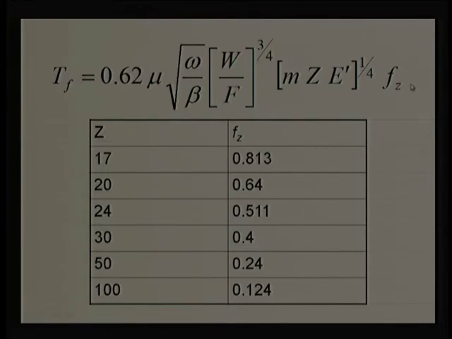Now, here Fz depends on the number of teeth, and a couple of numbers are shown in this table. We say when Z is 17, this value is 0.813. So, increasing the number of teeth is going to decrease the Fz value. That is why I say, and this is a proportionality.